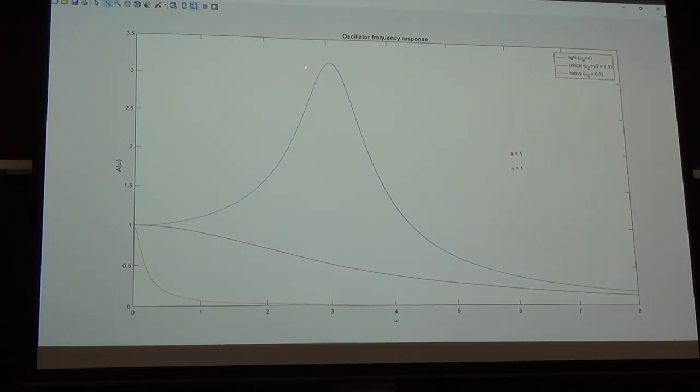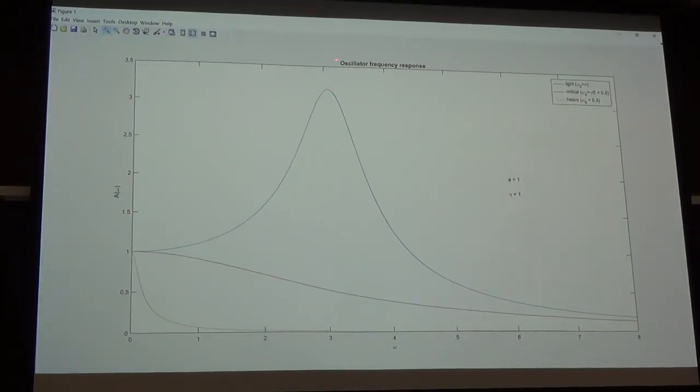For the case of light damping, you get a resonance curve, what we call a resonance curve, that peaks at, well, what's it peak at? It peaks at whatever we derived, omega naught, roughly. And if I increase the damping to critical damping, I get the red curve.